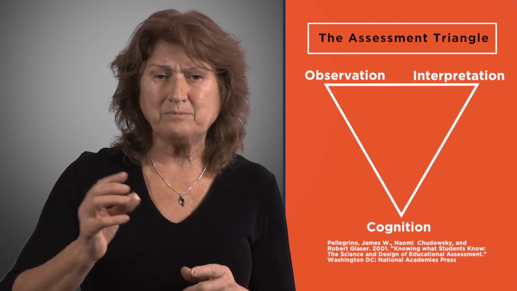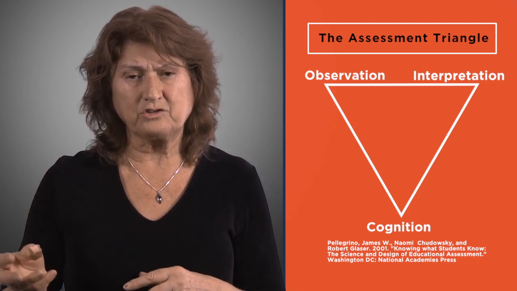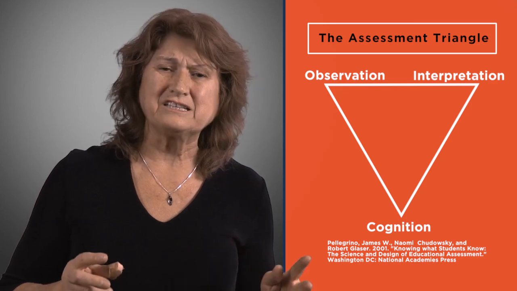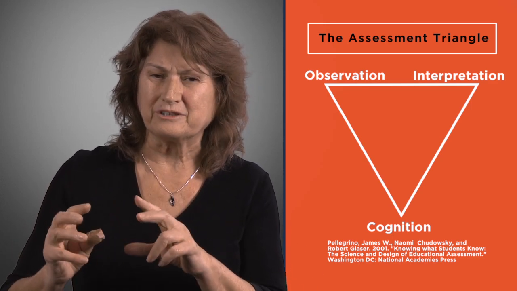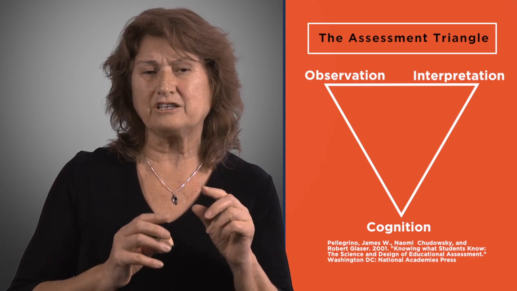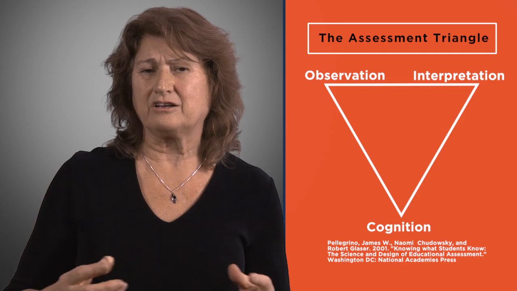And then, of course, the other part, which is really important, and Bill just spoke earlier about the issue of reliability and validity, is the interpretation. How do you interpret the tools that you have designed in order to evaluate cognition?